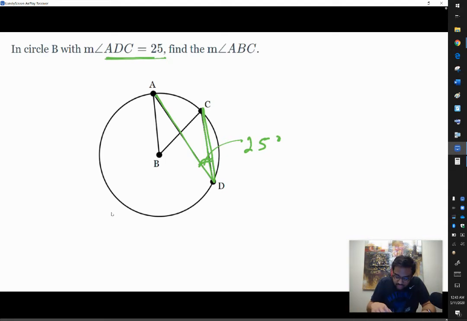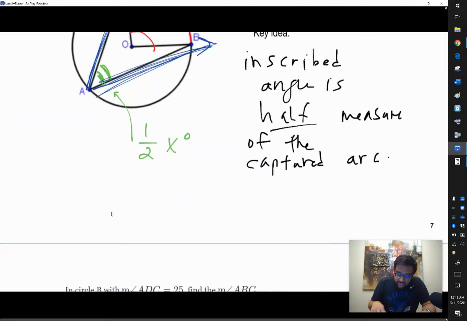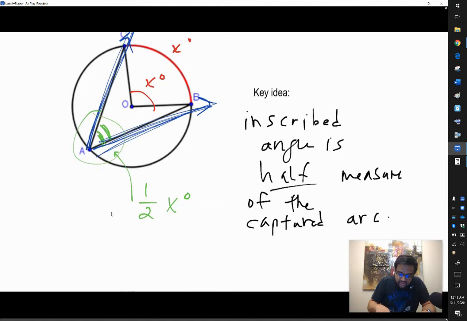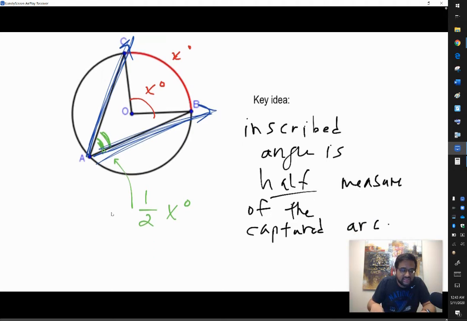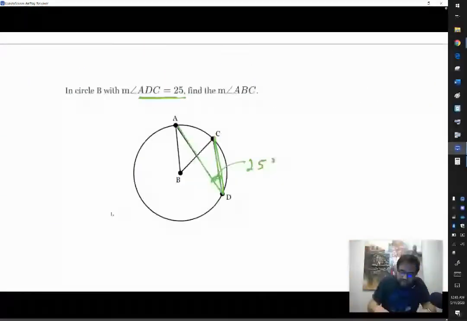What we just saw is that the inscribed angle is half as big as the arc. Or to put it another way, the arc is twice the inscribed angle. So what that tells us is that this arc right here, captured by the green arms of this angle, is double 25 or 50 degrees.